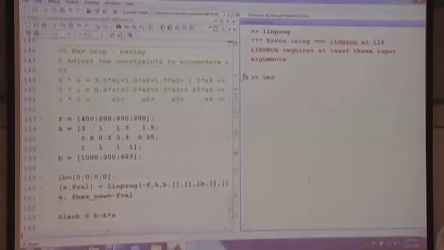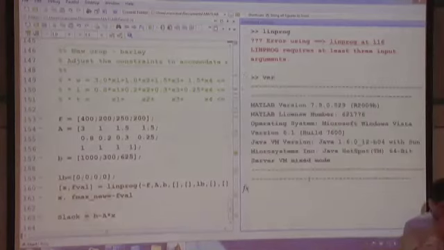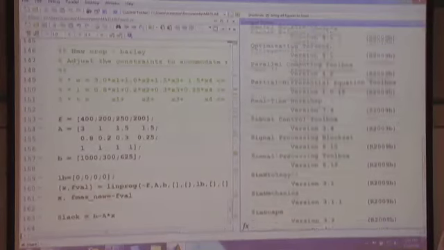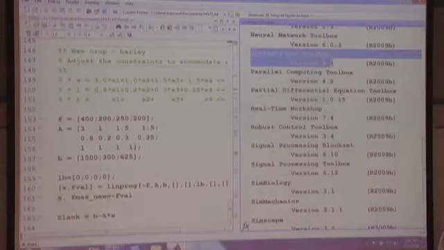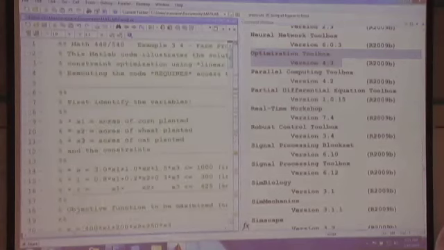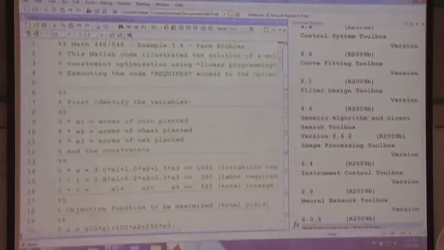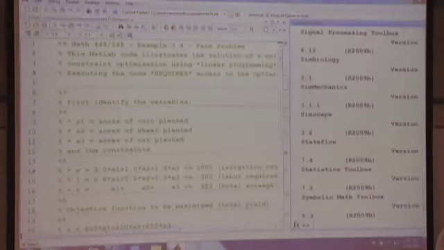So if you're not sure, just type ver, from version, and you should see it in your list of toolboxes. If you don't, you're not going to be able to run this command. Anywhere on campus it should be available, but if you have a very old student version, then you probably don't have this. Check it before you start anything. Okay. So let me talk a little bit about this. Any questions about it?